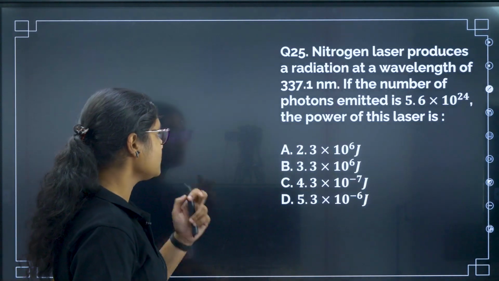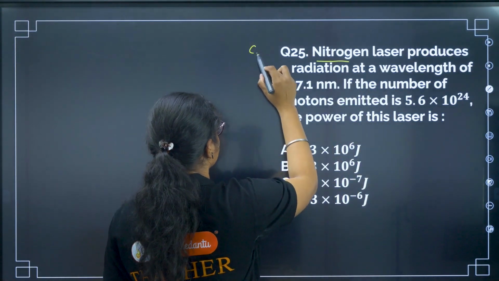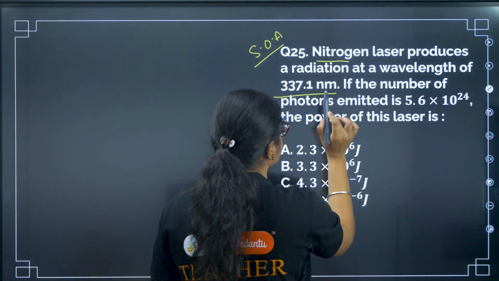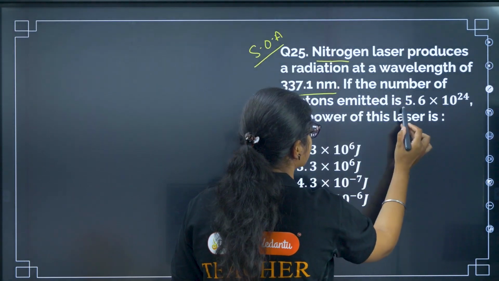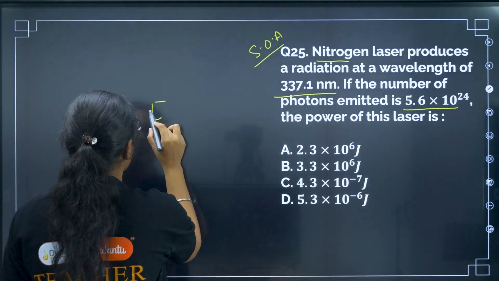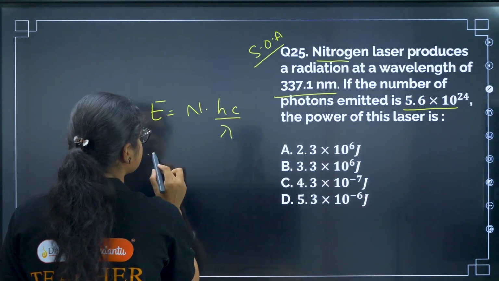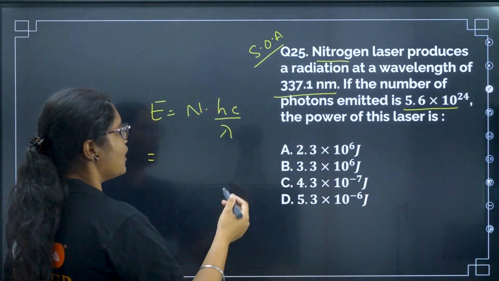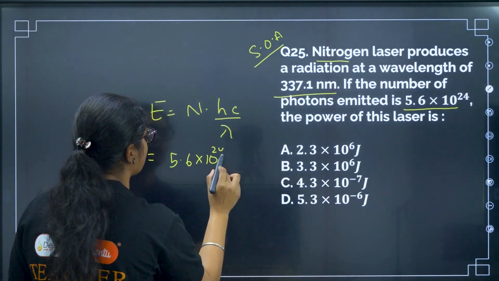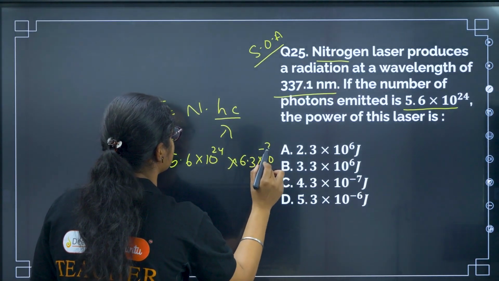Easy one. Okay, next. Nitrogen laser produces, so we have come to structure of atom, right? Produces a wavelength of this much nanometer. If the number of photons emitted is this one, the power of the laser is. Okay, so we know this formula. E is equal to NhC by lambda. So let us substitute all the values. How many photons are ejected? 5.6 into 10 to the power of 24. h value is 6.63 into 10 to the power of minus 34.